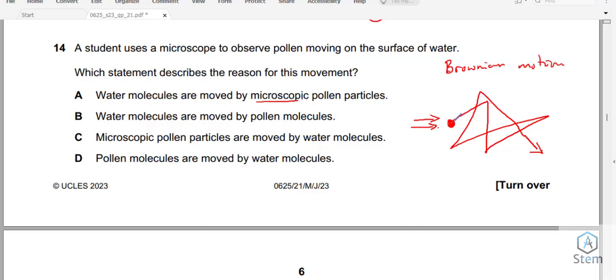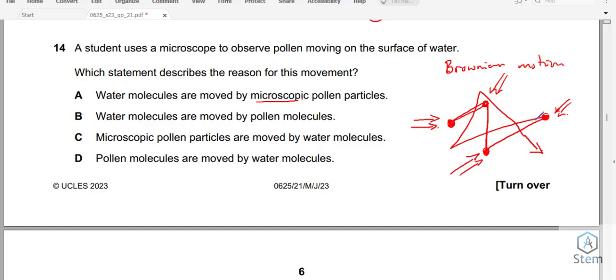So the water molecules hit the pollen grain and the pollen grain moves. Then the other water molecules hit the pollen grain from this side, and we see the pollen grain changing direction. And it continues to happen over and over as long as the water molecules have energy.